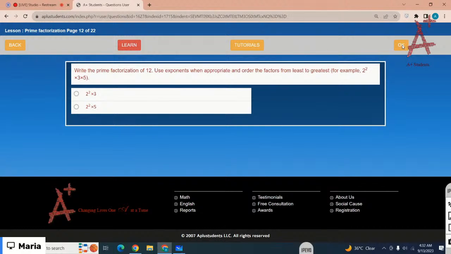Sorry. Write the prime factorization of 12, which is the correct option. That would be option number 1, right?